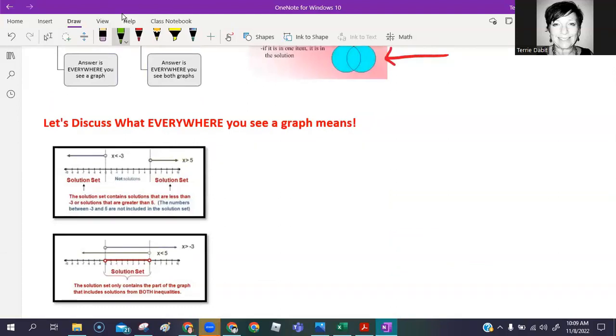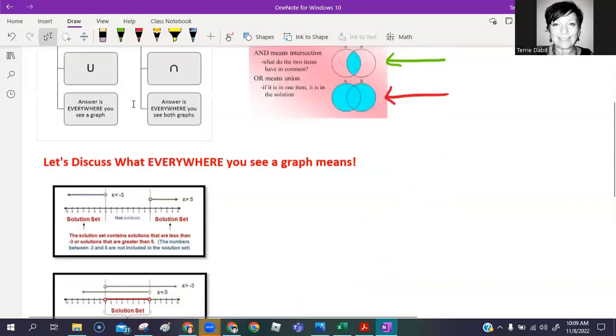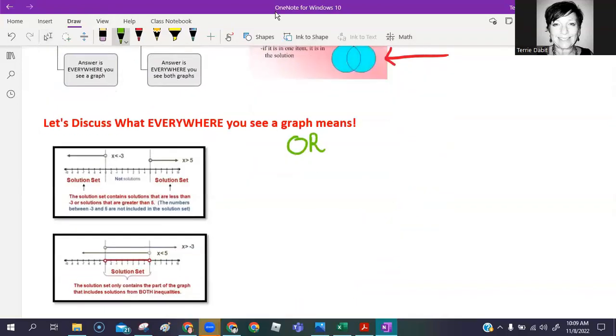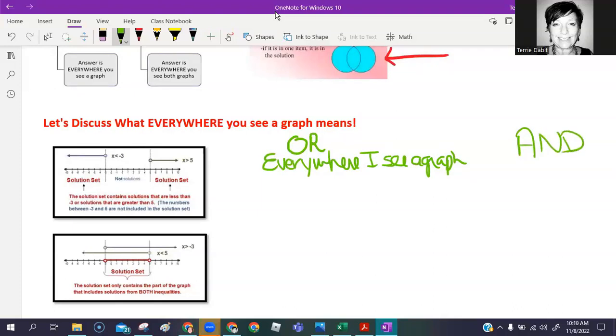So in the first little picture here, where do I see a graph? Everywhere. If I was doing "everywhere I see a graph," that is "or." "Both" is the "and," and you have to see both graphs.